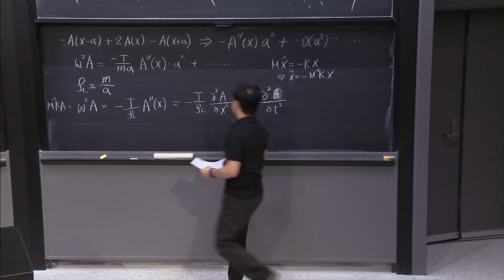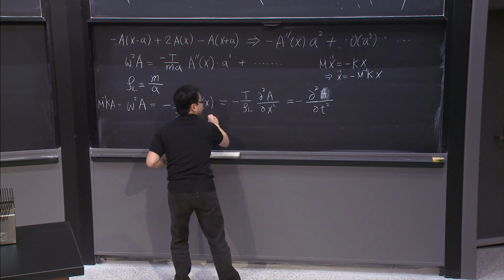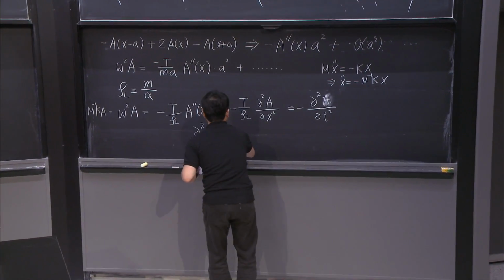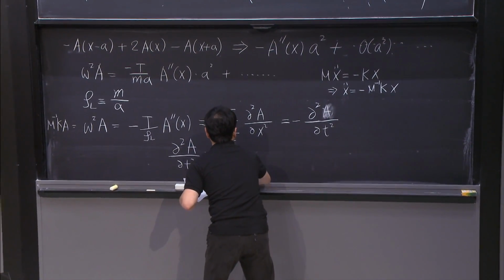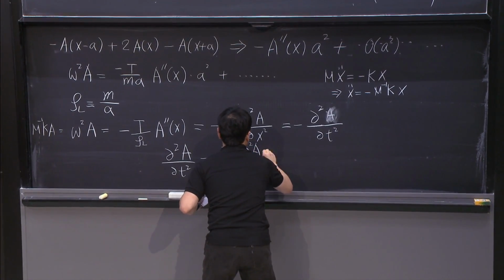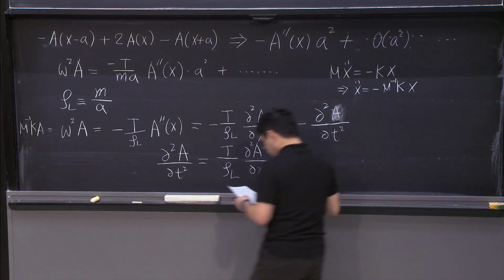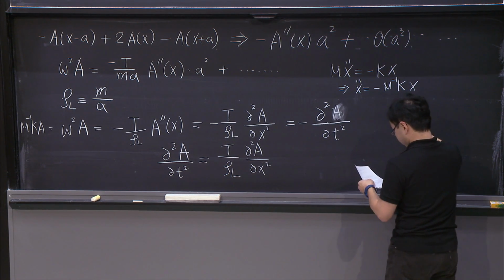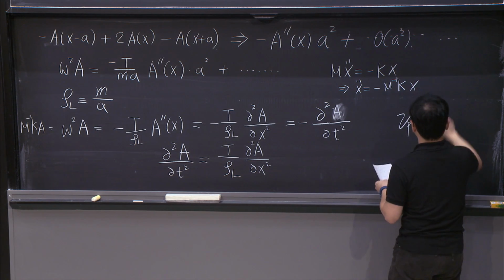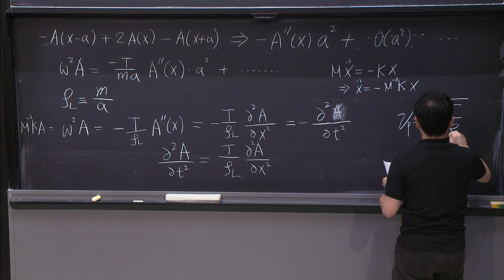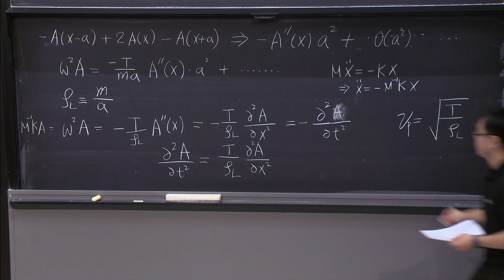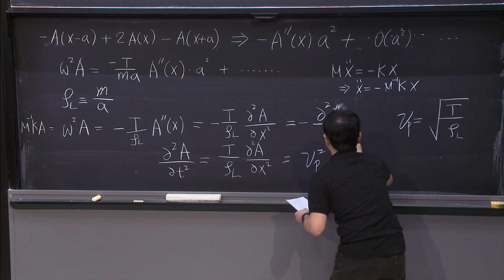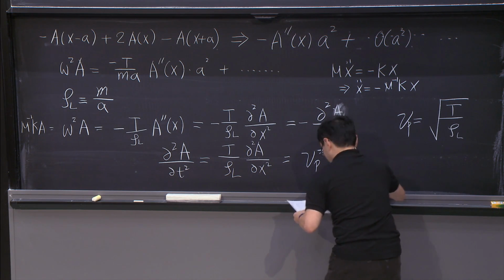In short, you get this equation: partial squared a, partial t squared, equal to t over rho L, partial squared a, partial x squared. I can now define Vp equal to the square root of t over rho L, and this becomes Vp squared, partial squared a, partial x squared.